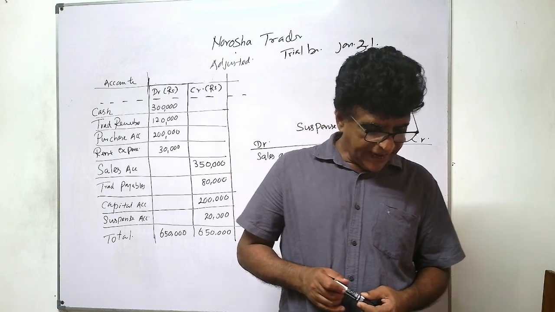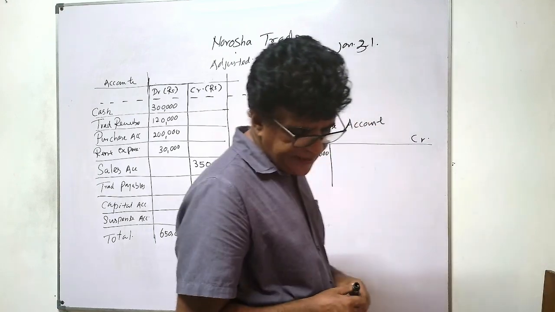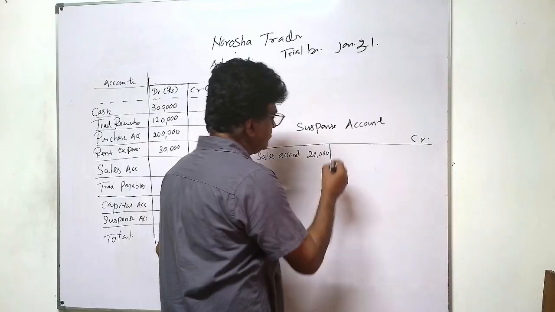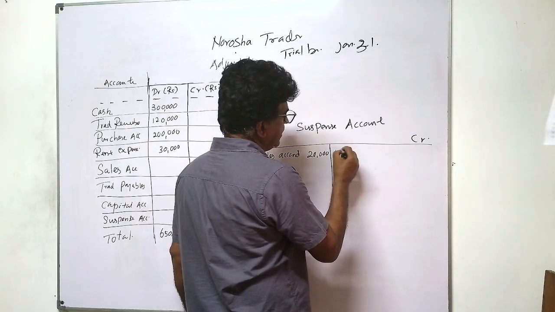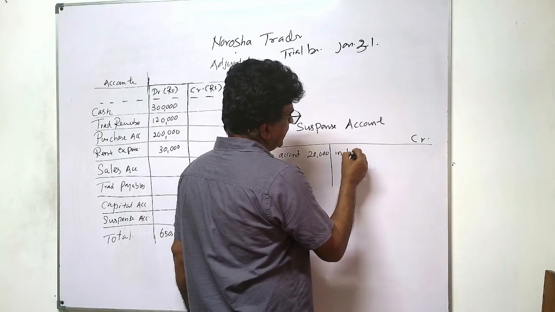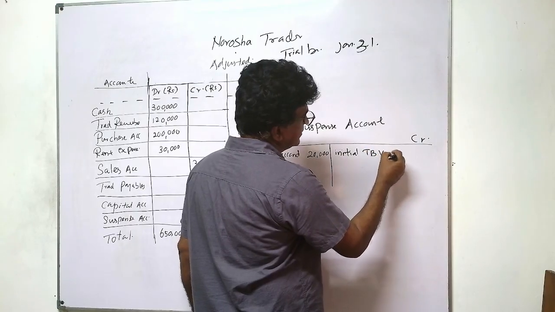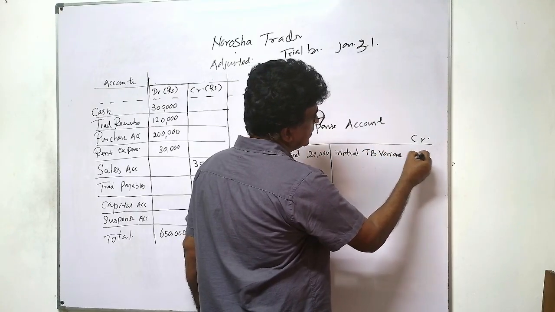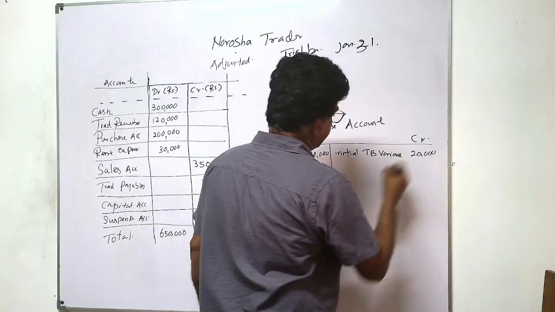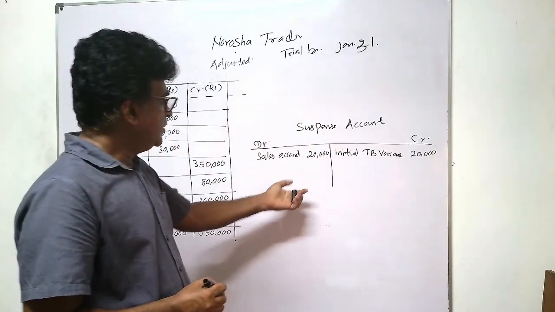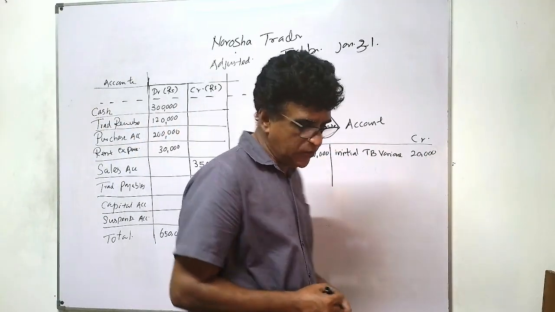Right? And the initial trial balance variance, that is 20,000. Now this suspense account is closed.